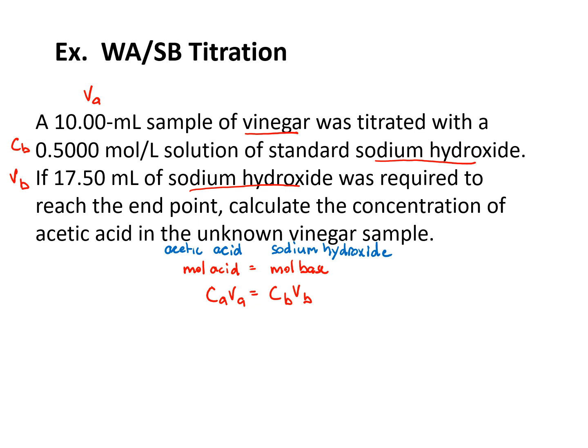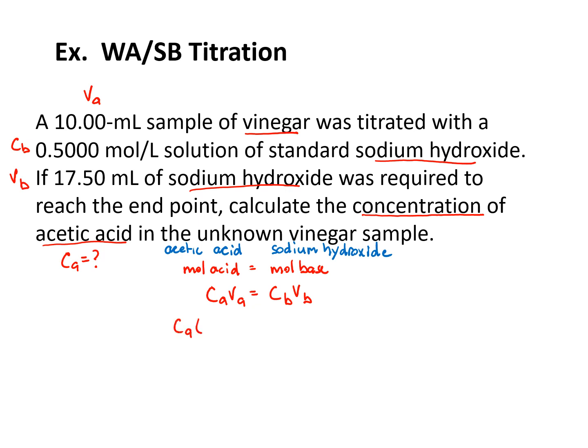Now we can substitute these values. Oh, and we are asked to calculate the concentration of acetic acid. So here we're looking for the concentration of the acid, and that's what we have to find. So now we can simply substitute these values into our equation, and of course we're looking for the concentration of acid.